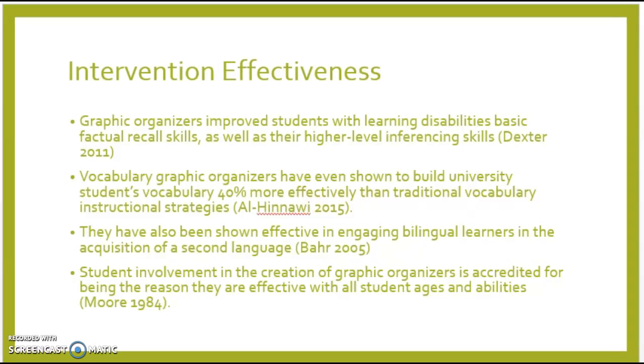These students were using graphic organizers over an entire semester-long period, and they looked at general improvement as well as incremental improvement. Because this tool is still helpful at a college level, this proves that graphic organizers are also a valuable tool to be taught in elementary school for initial vocabulary concepts.